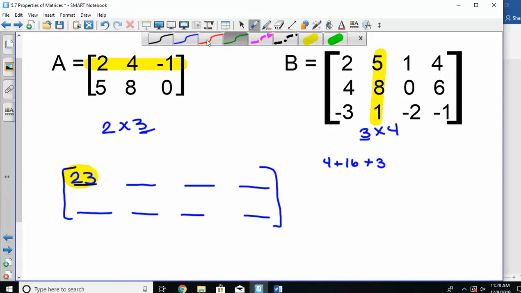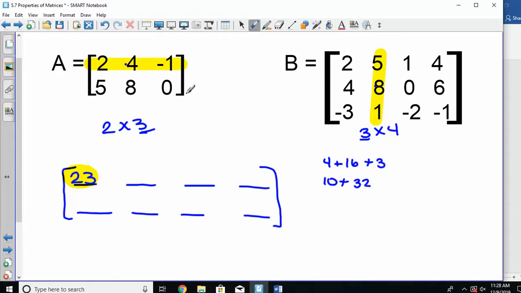So when I multiply those, 2 times 5 is 10, 4 times 8 is 32, negative 1 times 1 is negative 1. Add those together, you get 41.